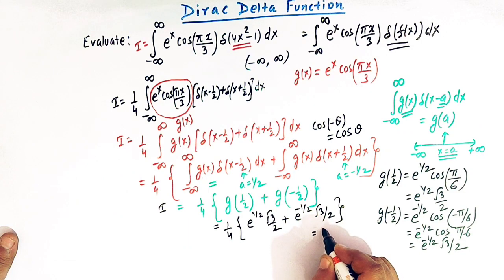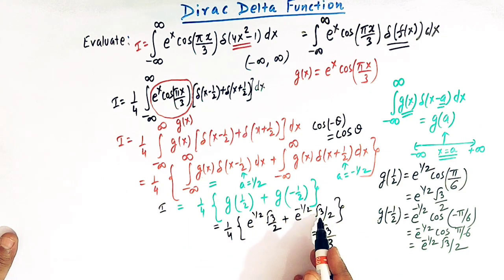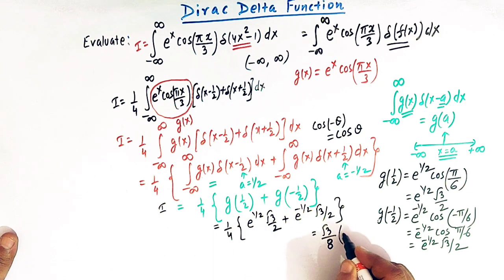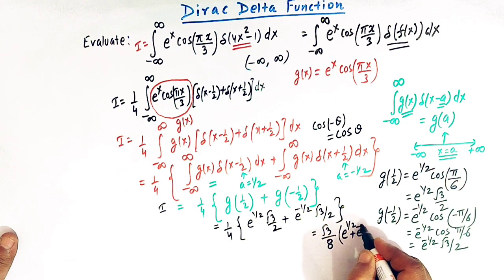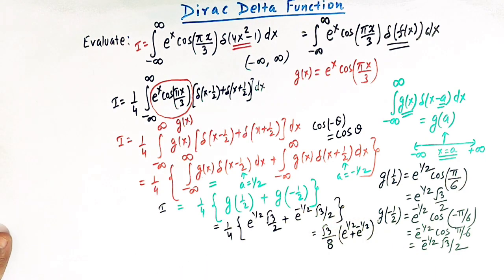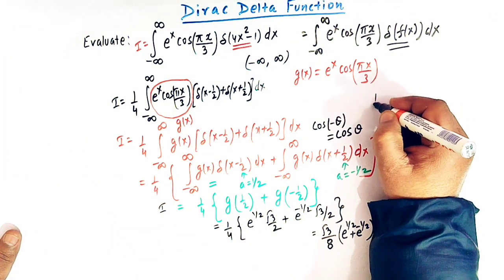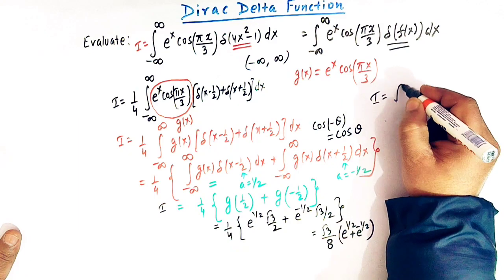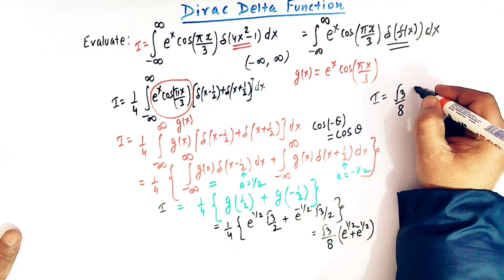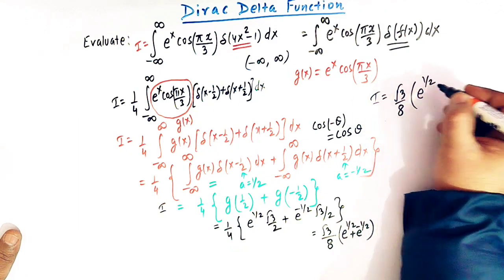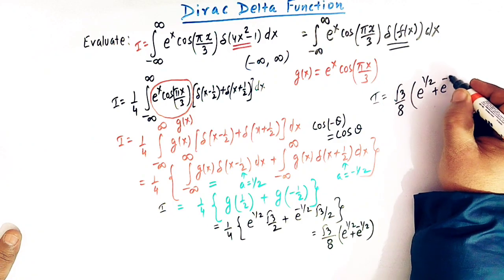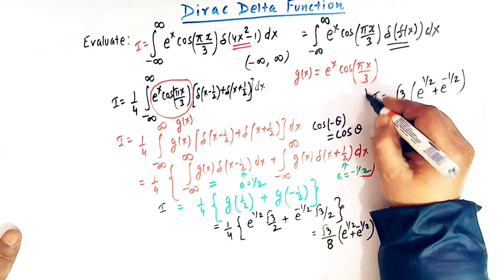So we have root 3 over 8 times e raised to half plus e raised to minus half, right? So viewers, the value of this integral I is given by square root of 3 over 8 times e raised to half plus e raised to minus half, right?